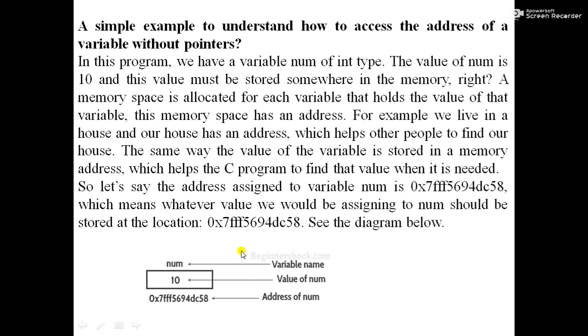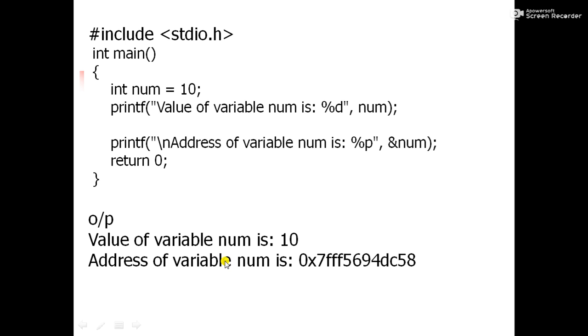Suppose we have stored the value 10 in num, and that is the address, for example. Because address assignment is an internal mechanism of the compiler or operating system, we can't predict which address this variable will get. It totally depends upon the operating system and the compiler to allocate that address. So we have taken this address as an example here.